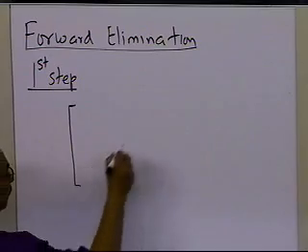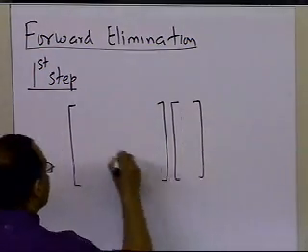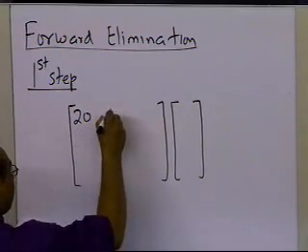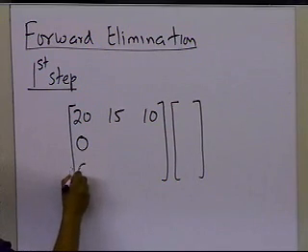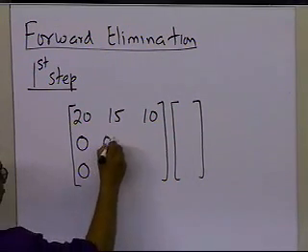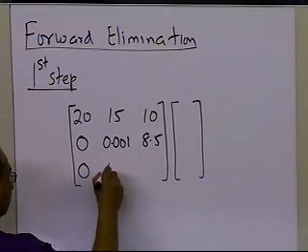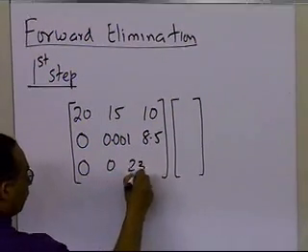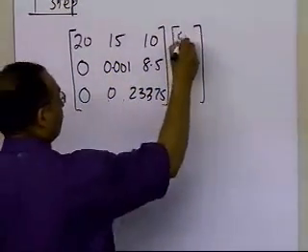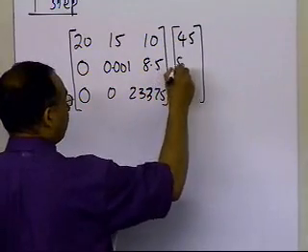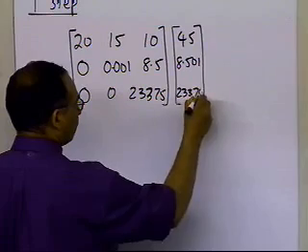So that's part of your homework. You're using 5 significant digits in all the operations. So you get 20, 15, and 10. And at the end of the first step, you're supposed to get 0 here and 0 here. And this is what I get, 0.001, 8.5, 0, 23375, I get 45 here, 8.501 here, and 23374 here.